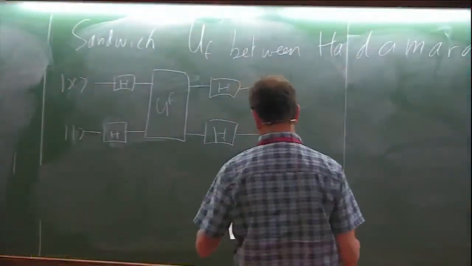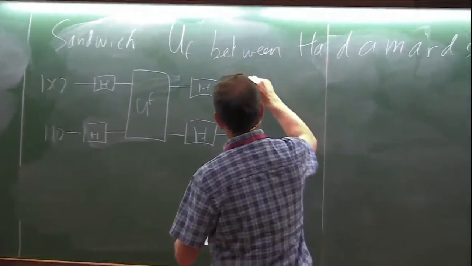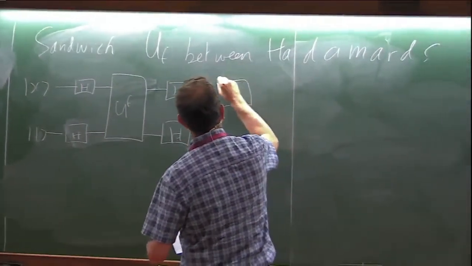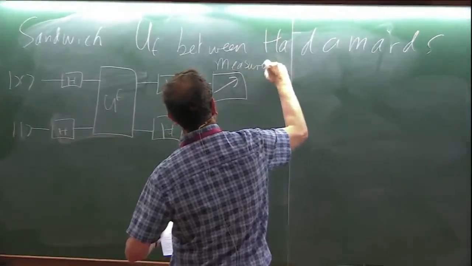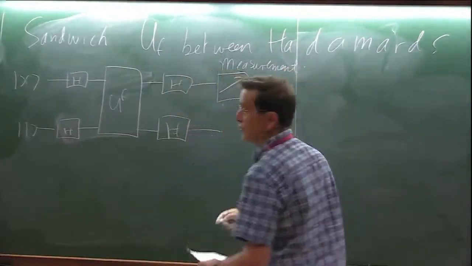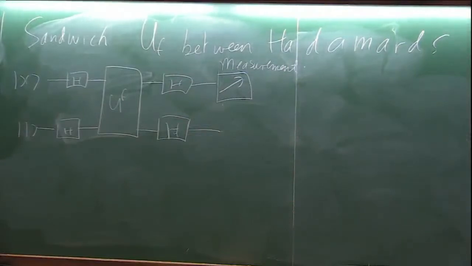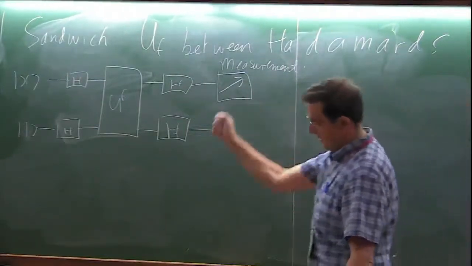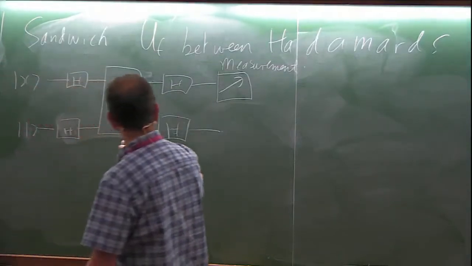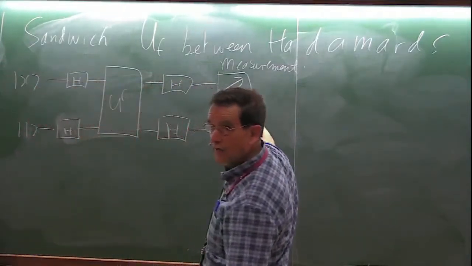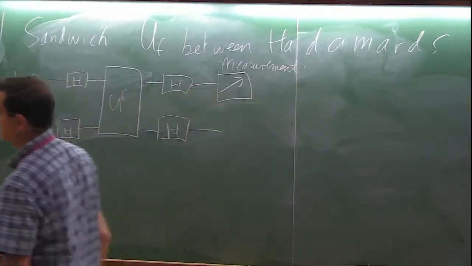And I should mention, maybe I should make this clear, what we're going to do at the end is put here a measurement gate. Of course, at some point we have to do the measurement, and this measurement will tell us unambiguously whether the function is constant or balanced, depending upon whether x flipped or not, basically.